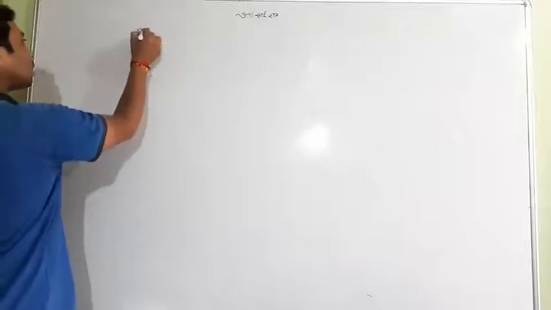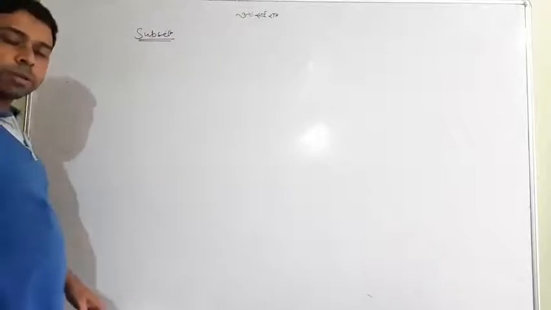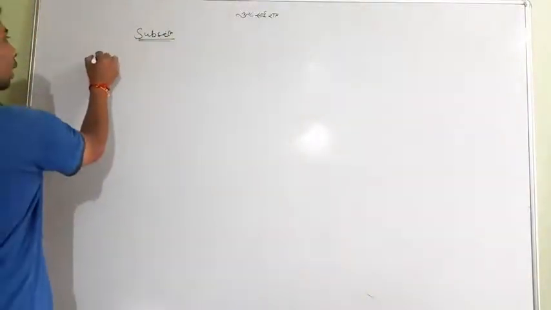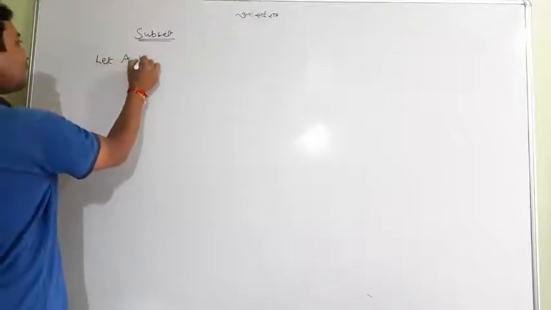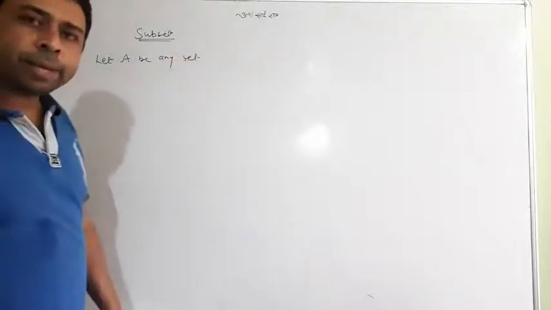Now I'll go on to the next new important word. It is subset. It's a very simple meaning. So look, I tell you one thing. Let A be any set.